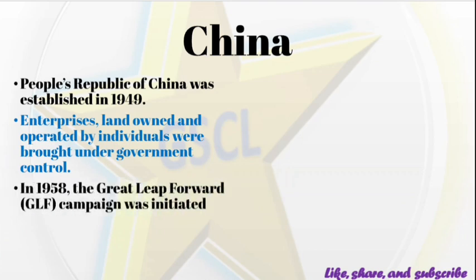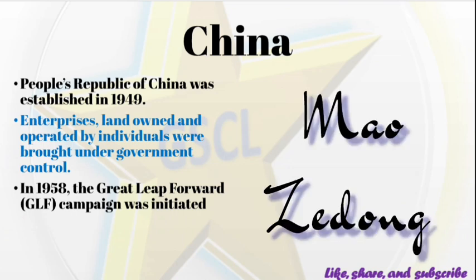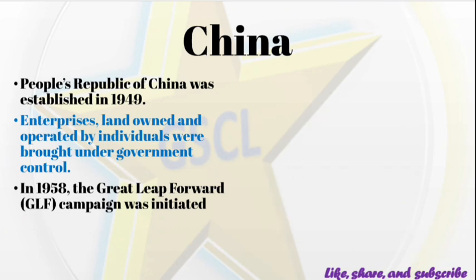The Great Leap Forward was one of the major campaigns started in China in 1958 by Mao Zedong, the founder of the People's Republic of China. Its main aim was to industrialize the country.